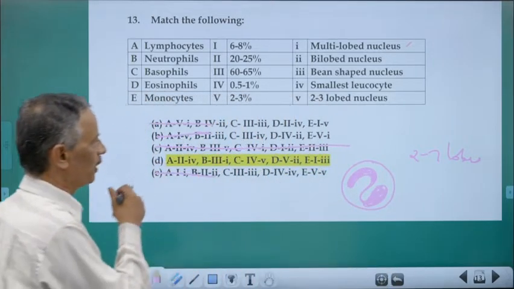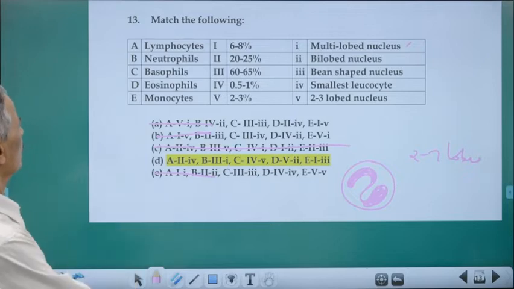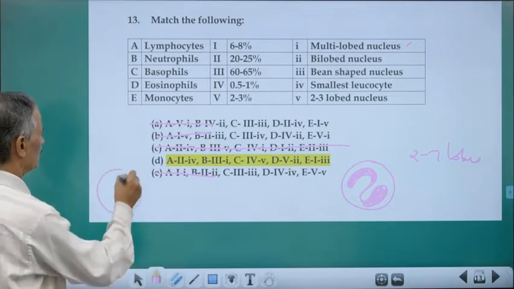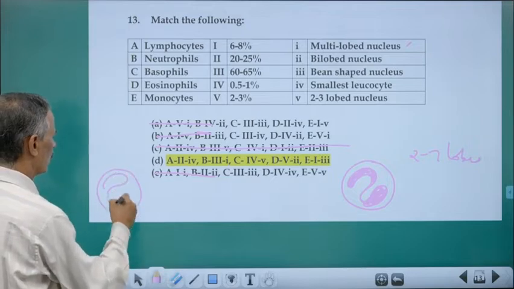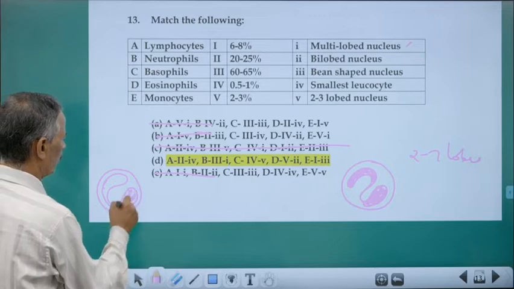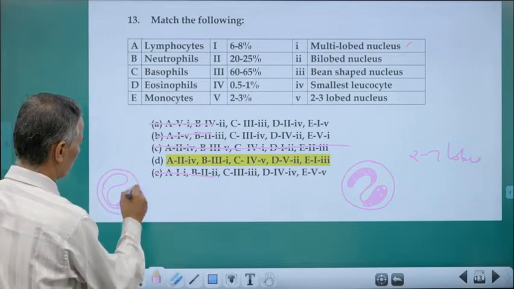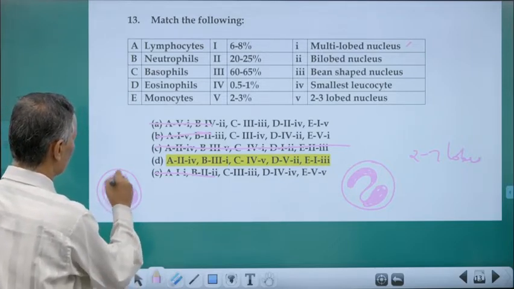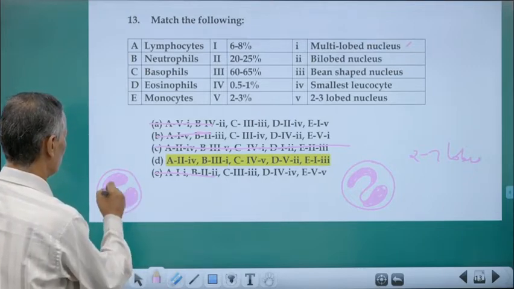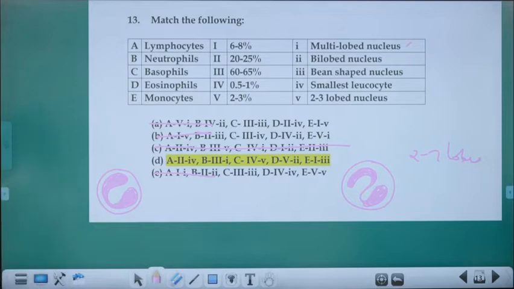And eosinophils are always two-lobed. So based upon the nucleus, we can identify these types of WBCs by staining them first and then observing them.